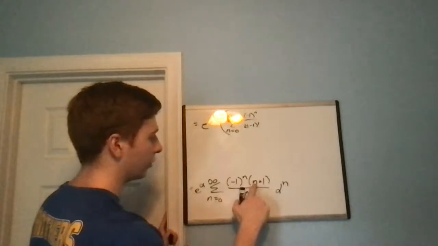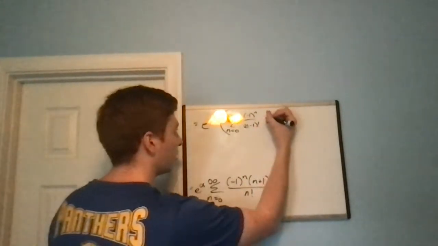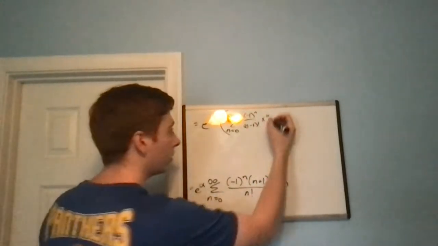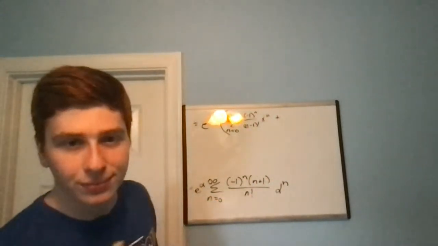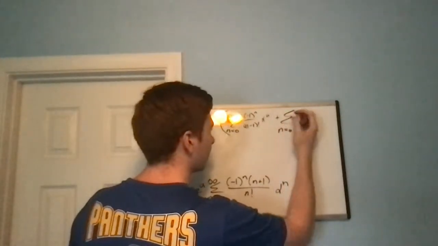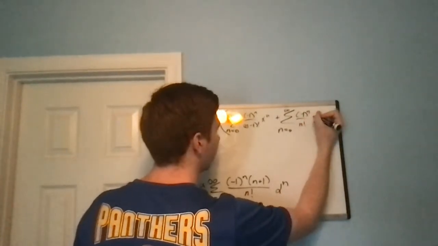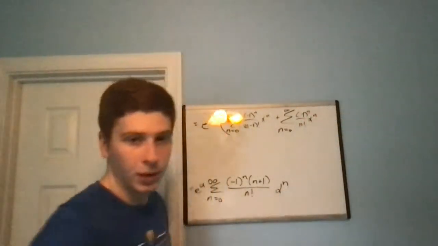So that's the first term with the n. The n cancels with the denominator, making n minus 1 factorial, alpha to the n. Then, oh, the blur is covering up whatever. It's just a sum, okay? Sum from n equal to 0 to infinity, minus 1 to the n over n factorial, alpha to the n. Okay.